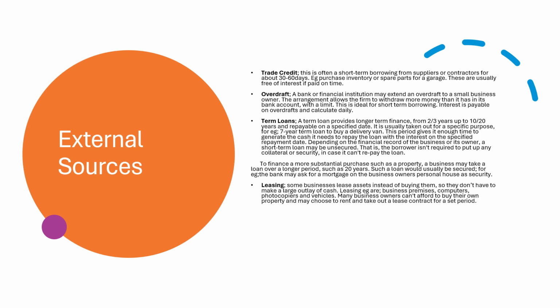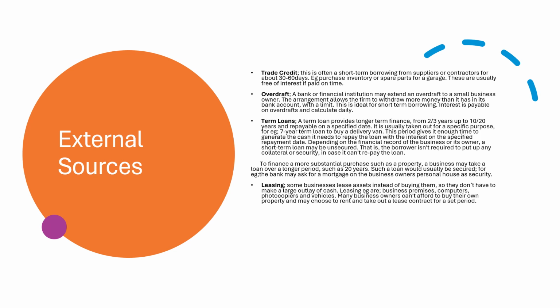So what are the external sources that small businesses can use? They can use trade credit. This is often short-term credit from suppliers, typically for 30 to 60 days. It's commonly used to purchase inventory or spare parts or other short-term purchases and is usually interest-free if you pay on time.